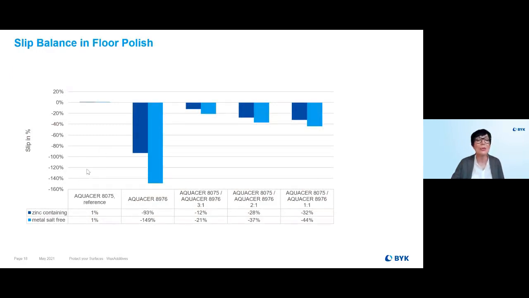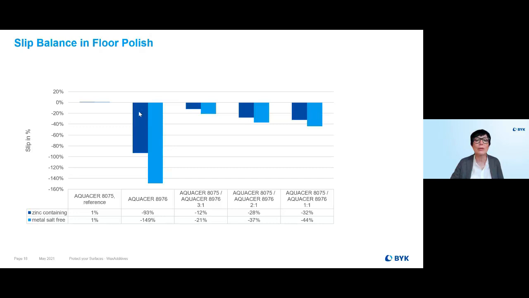And here we took the high density polyethylene wax as a reference and say that has a zero slip, and compare the 8976, the pure polypropylene next to it, and you see we can achieve a minus slip, which is minus 100 in comparison to the pure polyethylene wax.